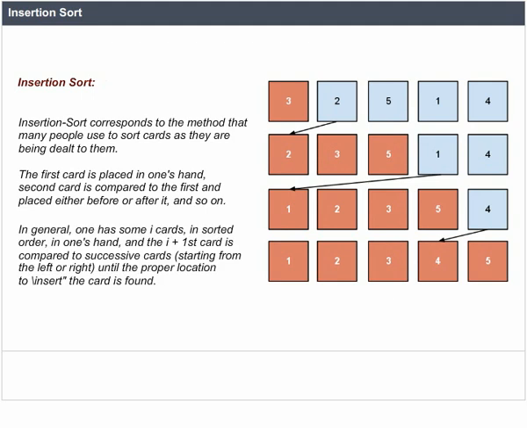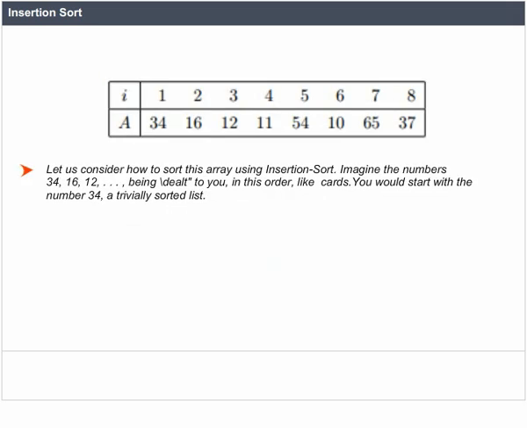In general, one has some i cards in sorted order in one's hand, and the (i+1)th card is compared to successive cards starting from the left or right until the proper location to insert the card is found. Let us consider how to sort this array using insertion sort.